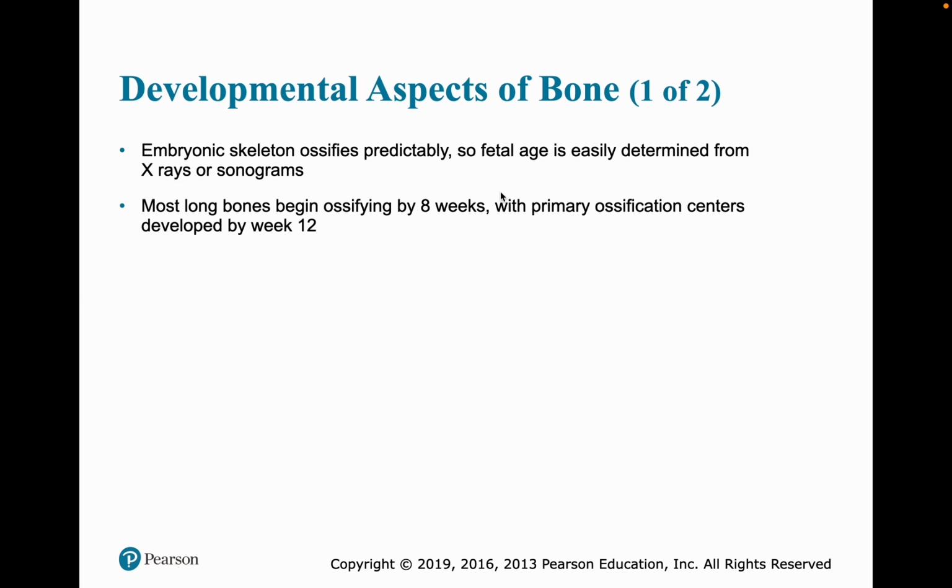All right, developmentally, the embryonic skeleton ossifies predictably, so we can use skeletal formation from sonograms, preferably not x-rays, to determine fetal age. Most long bones begin to ossify by 8 weeks. Primary ossification centers develop by week 12.